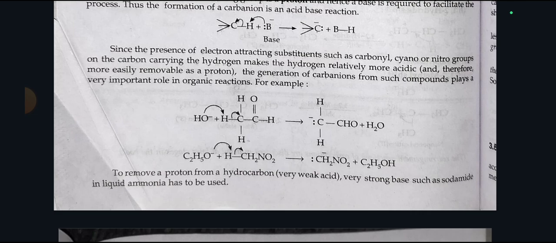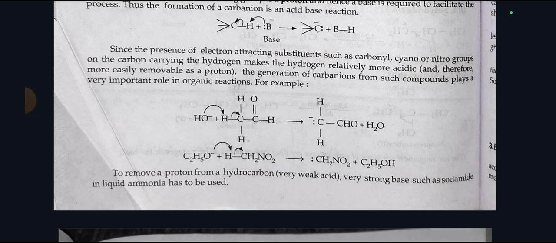For example, OH− + CH3CHO gives −CH2CHO + H2O. C2H5O− + H–CH2NO2 gives −CH2NO2 + C2H5OH.